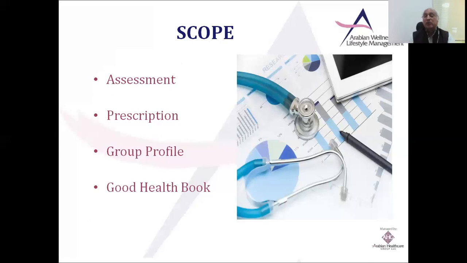Each employee will get an individual prescription and assessment. The compiled total of the 1,000 employees would go into a single printout, and this printout is the health status of the organization.